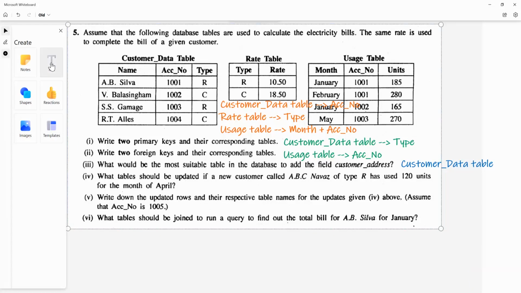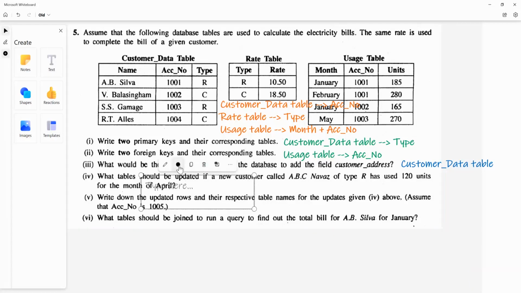We have to combine two tables. Yes, customer data table, and then usage table. So these are the two tables. Right. Customer data table and usage table.